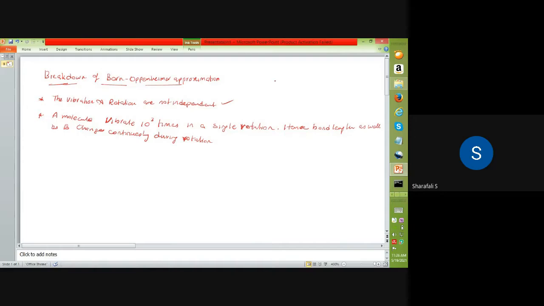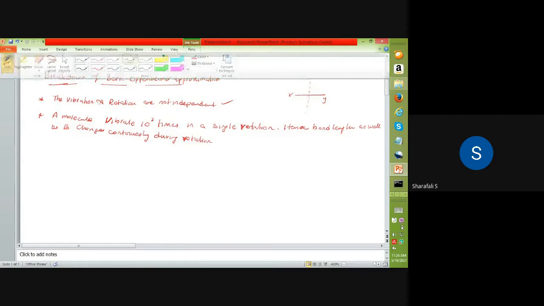For example, consider a linear molecule, let's say this is XY. If this molecule is rotating about this axis, this is just an example, consider this as the rotation axis.